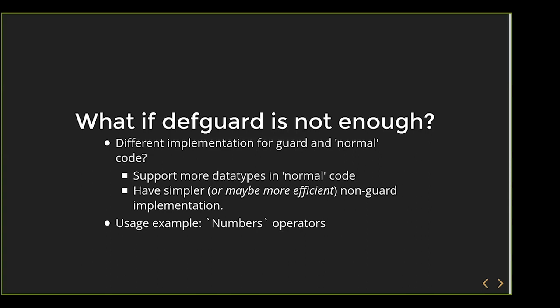But there is another implementation that maybe is a little bit less efficient, but it still works inside of guard clauses. One example here would be the number operators that are part of the Numbers library, which allows you to optionally override the mathematical operators, that is plus, minus, division, and multiplication. And how Numbers does this is by checking whether we are in normal Elixir code or in guard code, and in guards falling back to the Kernel implementation.